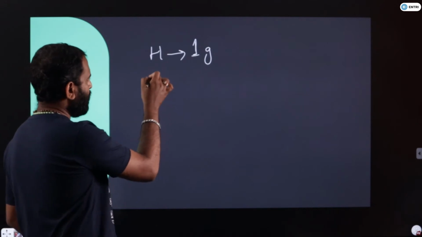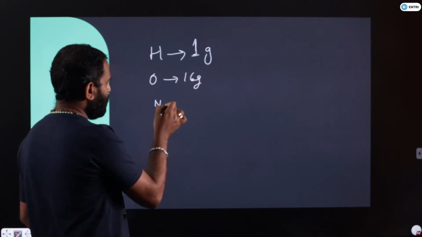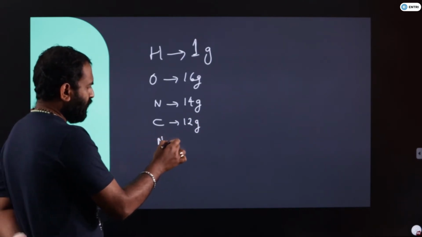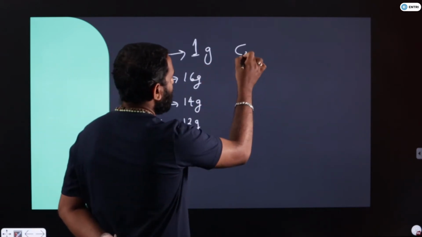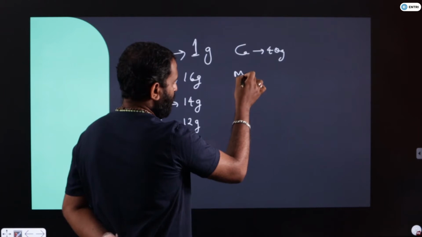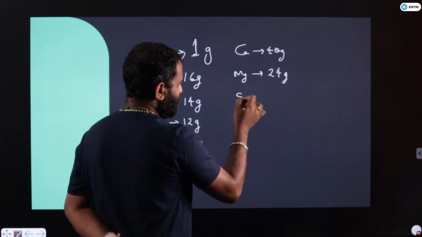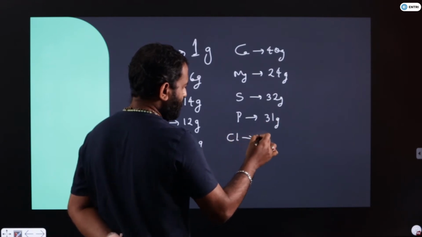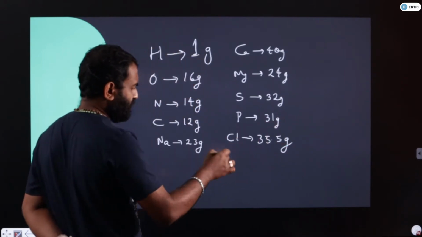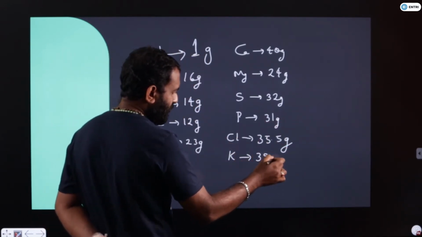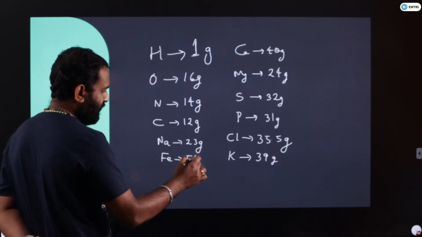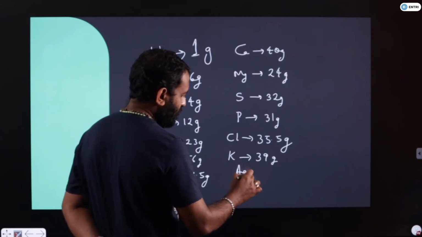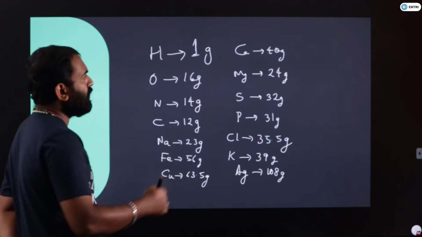Hydrogen 1 gram, oxygen 16 gram, nitrogen 14 gram, carbon 12 gram, sodium 23 gram, calcium 40 gram, magnesium 24 gram, sulfur 32 gram, phosphorus 31 gram, chlorine approximately 35.5 gram, potassium 39 gram, iron 56 gram, copper 63.5 gram and silver 108 gram. These are the common elements.